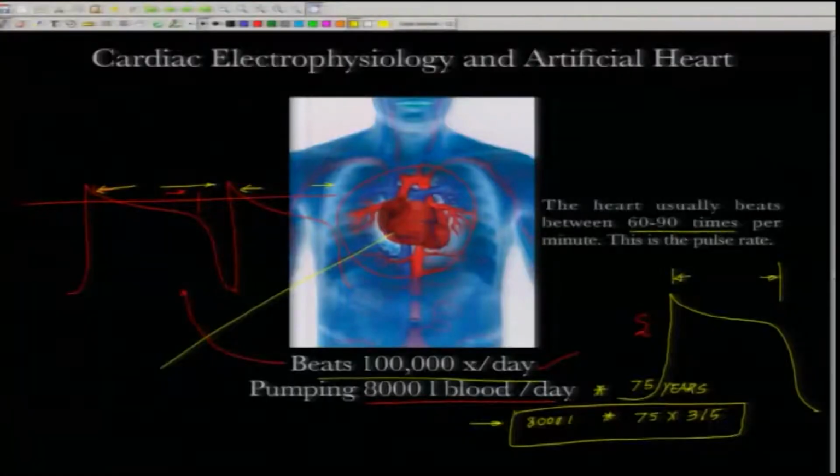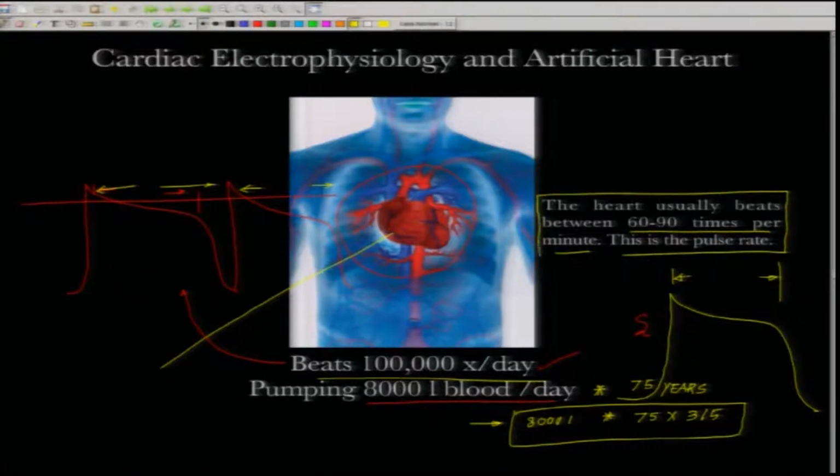The heart usually beats 60 to 90 times per minute, which is also called the pulse rate. These are some of the details I had not covered, and I thought I might as well cover them to give you an overall idea.